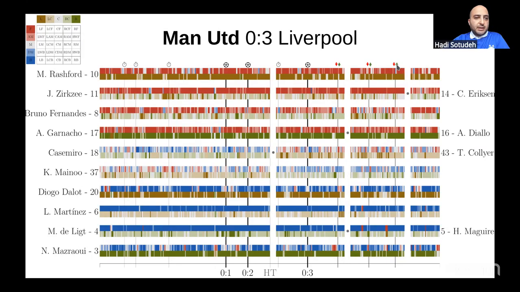I would suggest we pause here for 1 minute and you have the opportunity to see what you can learn from this visualization. For your reference, I have included the 5x5 matrix and the coloring scheme on the top left of this slide. And we will just resume the presentation after 1 or 2 minutes. And you can check the comments and see what you can learn from Manchester United in this match.